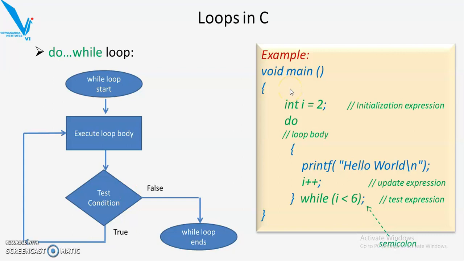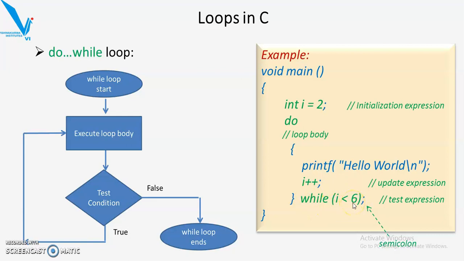Here is an example of the do while loop with syntax. First we have the initialization, then do and the body of the do. In the body we have the update expression, and at last we have the test expression.